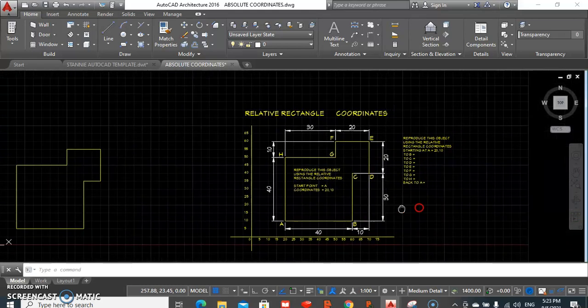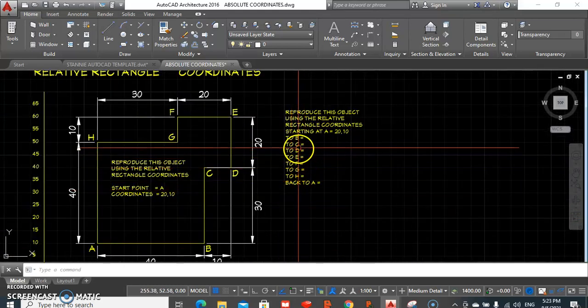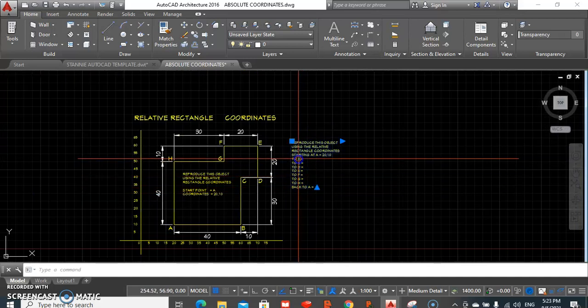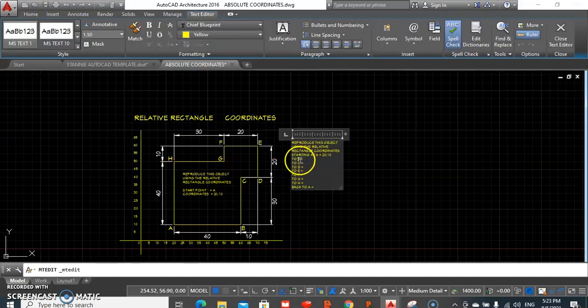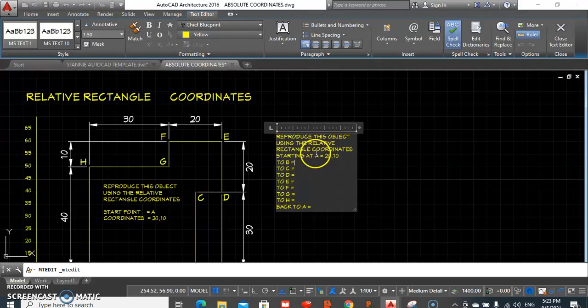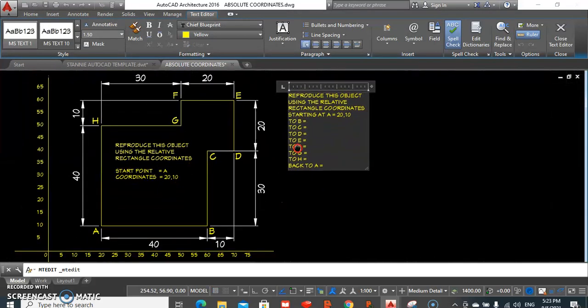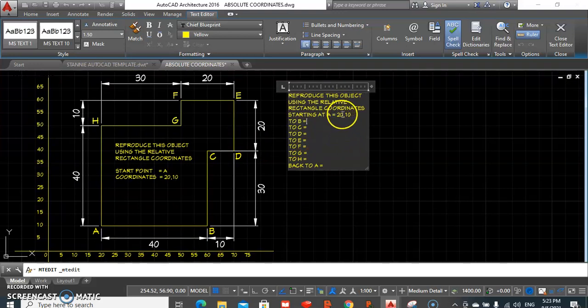We should now be able to type the list of commands to get us around from A back to A. For starters, we start at 20, 10. To get to B, it is going to be @, our x value is going to be 40 and our y value is going to be 0 because we only moved in a horizontal direction.